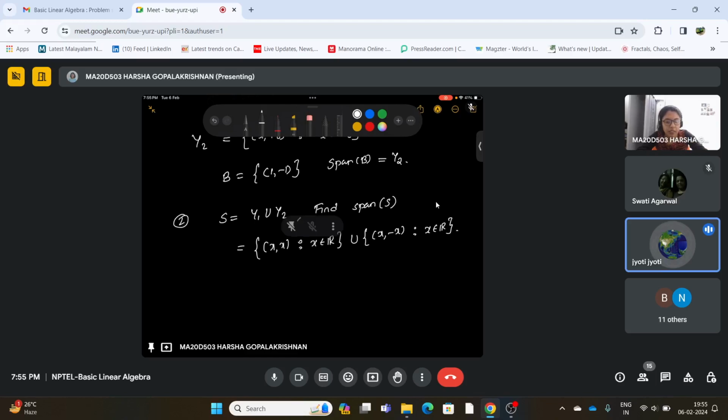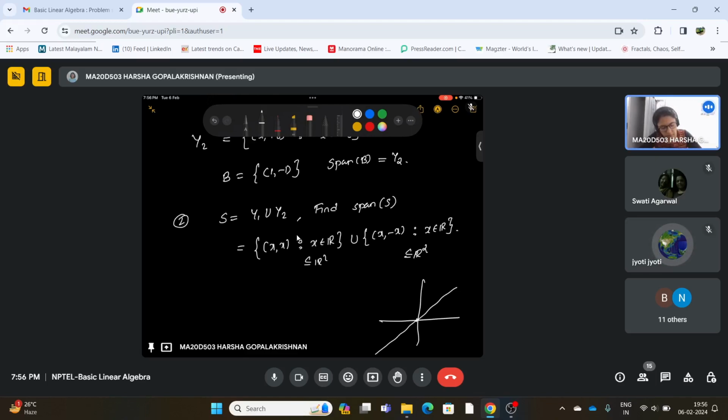We take linear combinations of these two types of elements, collect all these combinations, and then we can construct span S. Yes, we can construct. My question is, what is span S? Obviously, we are collecting all the linear combinations, right? This is a subset of R2, and this is a subset of R2.